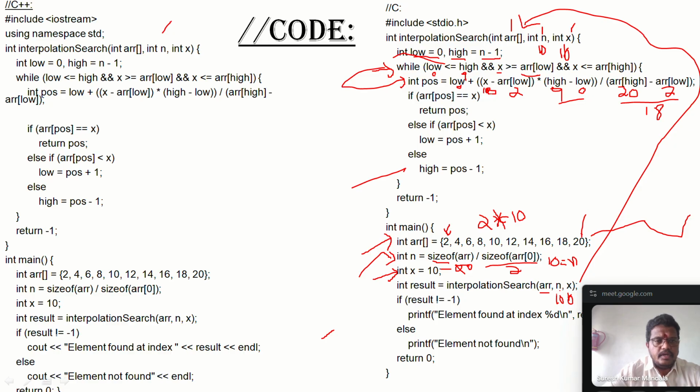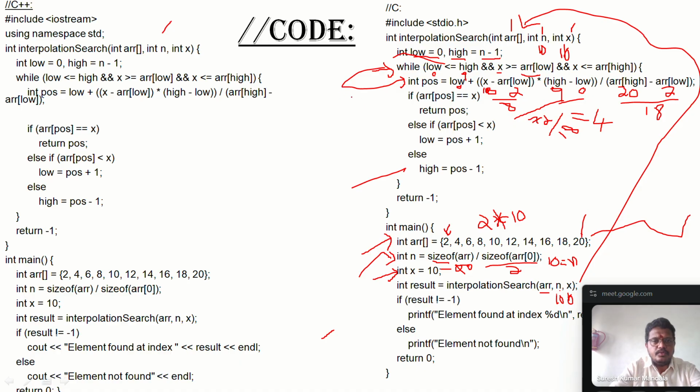Next, 10 minus 2, that is 8. 8 into 9, what is the value? 8 nines are 72. 72 divided by 18, what is the answer I will get here? 72 by 18, we get the answer 4.